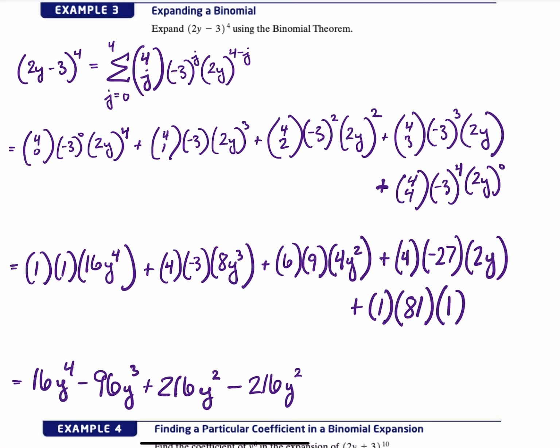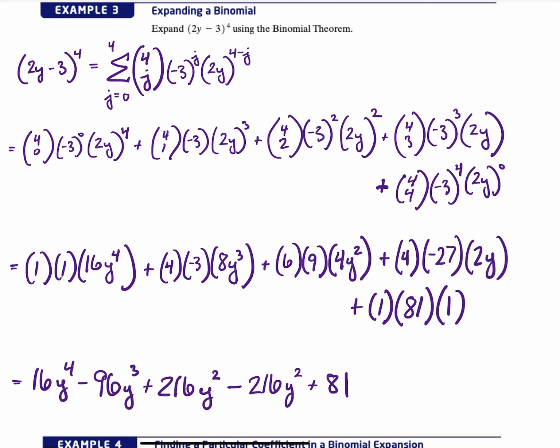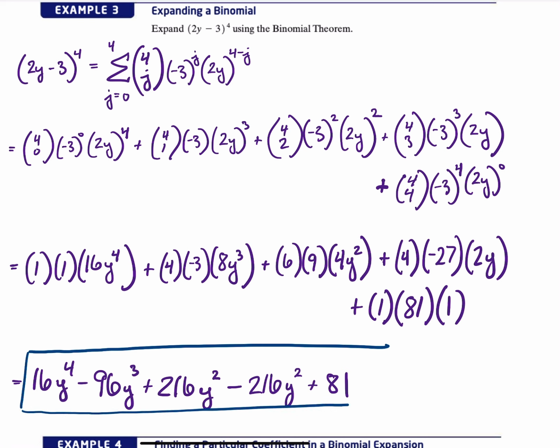Then 1 times 81 times 1 leaves us with 81. So this would be 2y minus 3 to the fourth power: 16y to the fourth minus 96y to the third plus 216y squared minus 216y. Oops, let's see. Should have been y to the first power here. Yeah, y to the first power plus 81.